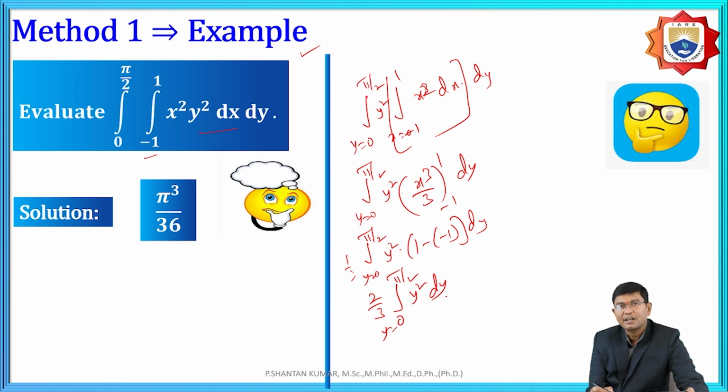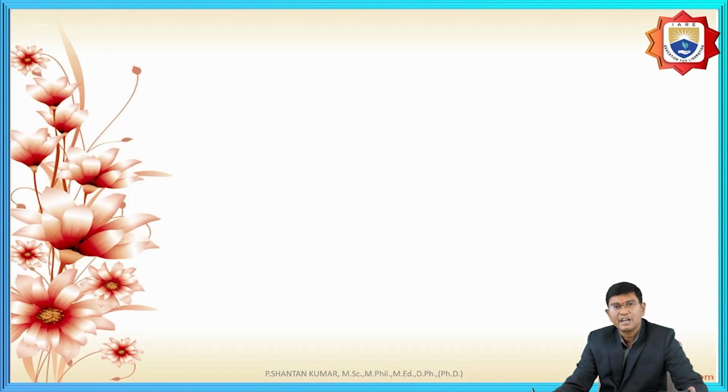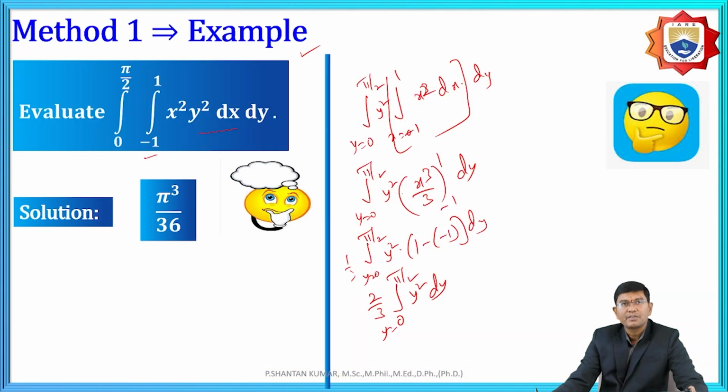After replacing the upper and lower limits, we finally obtain the solution pi cube by 36.